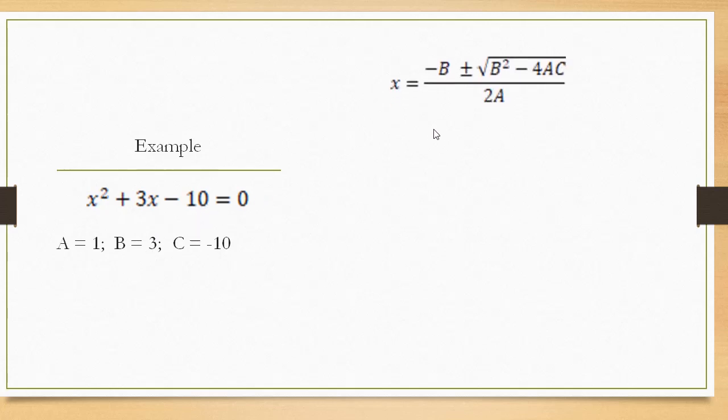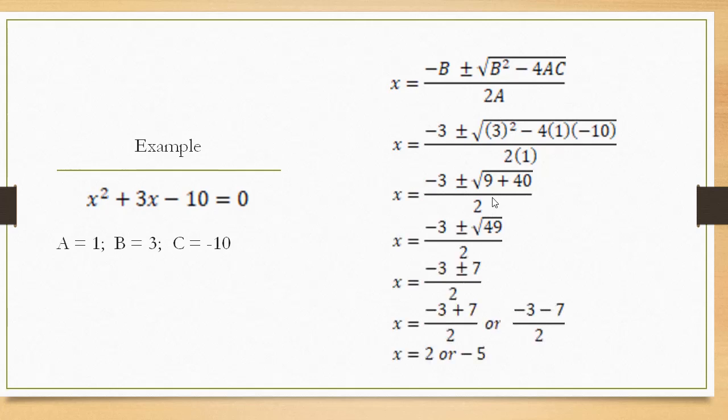So unsa toy formula? Negative b plus minus square root of b squared minus 4ac all over 2a. So dara atong solution. So negative b, so negative 3. Nakita ninyo b is equal to 3. So negative 3 plus minus square root of unsa man ti?